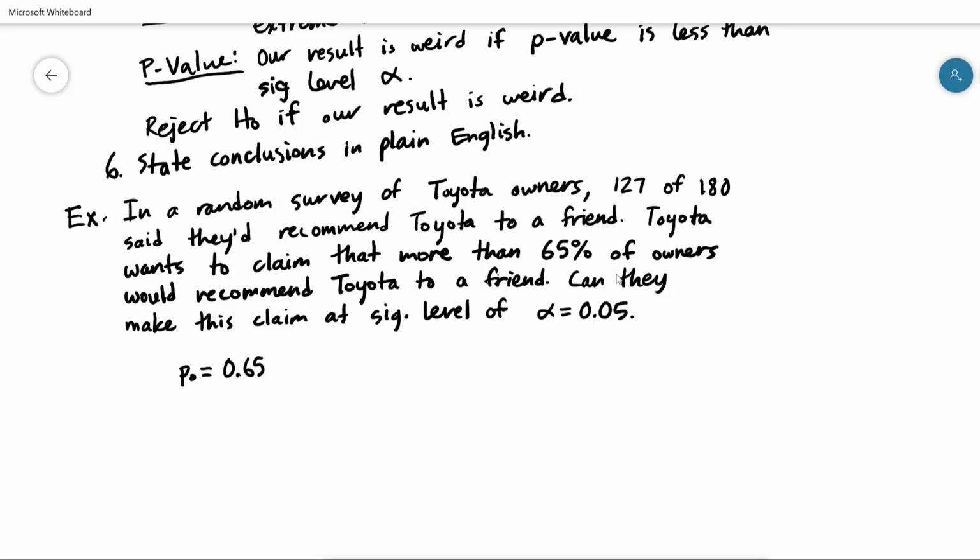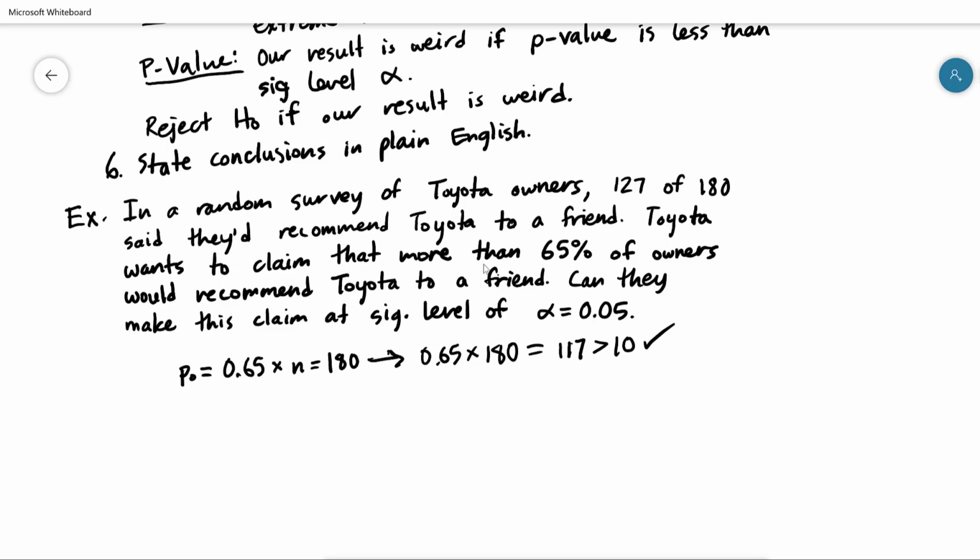That's the proportion that they want to use in their claim. So if I do 0.65 times n, which is equal to 180, that was the size of our sample, 65% of 180 turns out to be about 117, definitely more than 10, so we're good there.